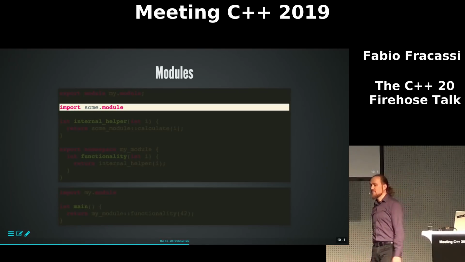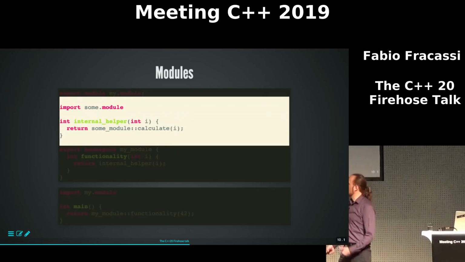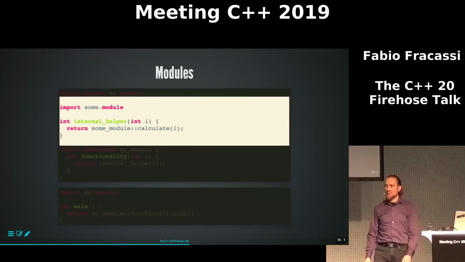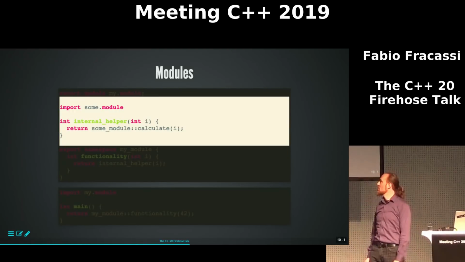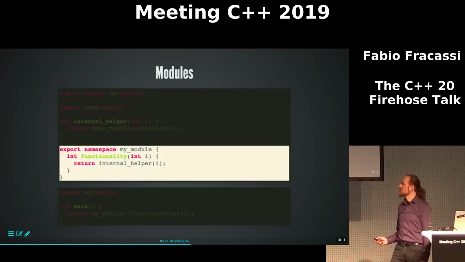They are not by default re-exported unless you say so. You have stuff in there that's private to your module, that's not re-exported, that you can use as internal details. And then you have stuff that gets exported. So everything in this namespace will be exported.